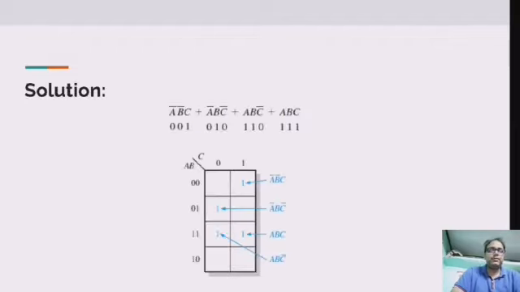Let us see. The solution has been provided here. We have 4 product terms available in the expression: A bar B bar C, A bar B C bar, A B C bar and ABC. We will first write down the binary values for each product term.